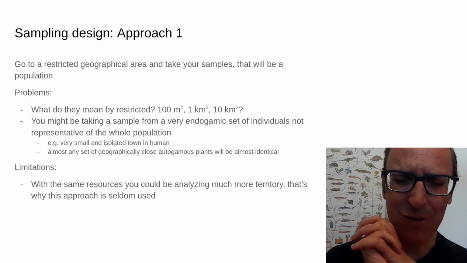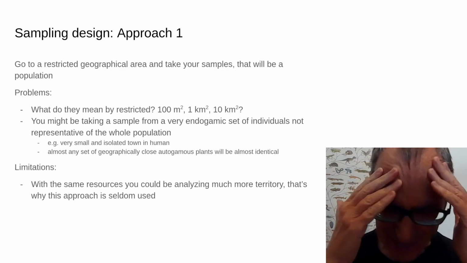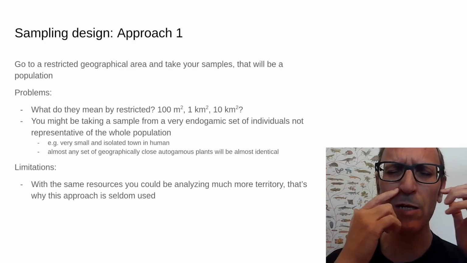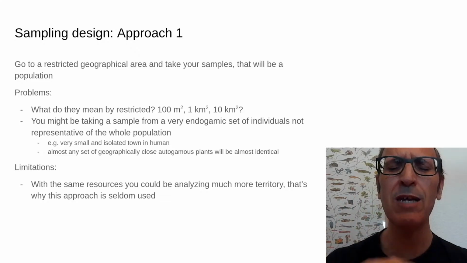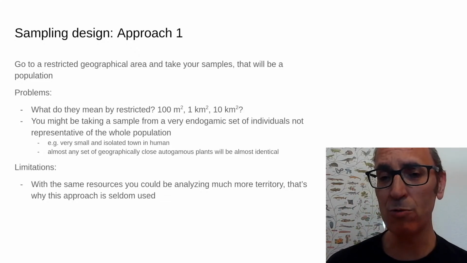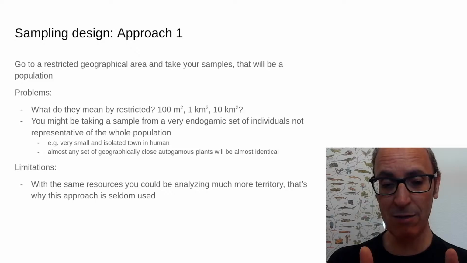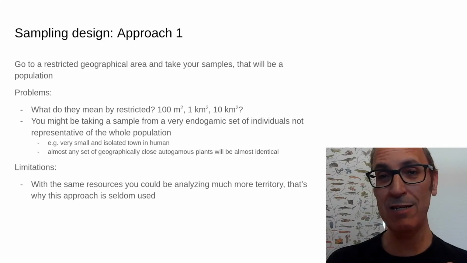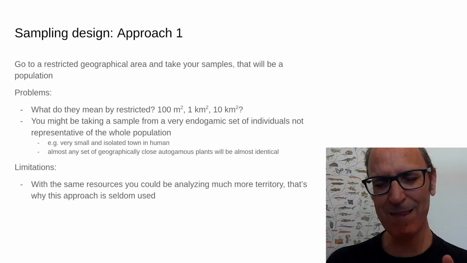And there's also a more practical problem with this approach. Imagine that you want to sequence, or you have money to sequence or to genotype 100 individuals. What do you do? You go to a very restricted area and you get 100 individuals that are likely to be family, and this is what you analyze. That is not a very sensible approach.